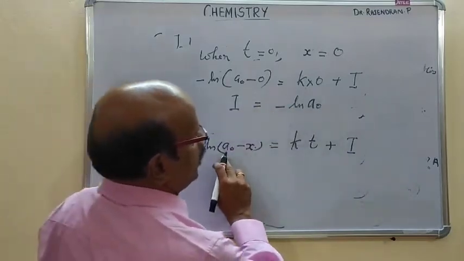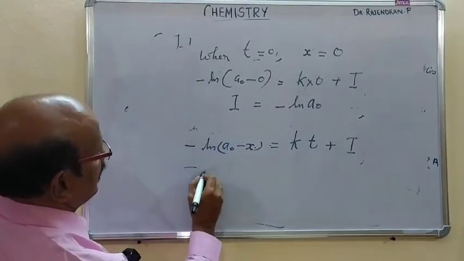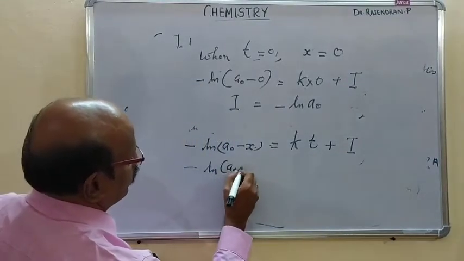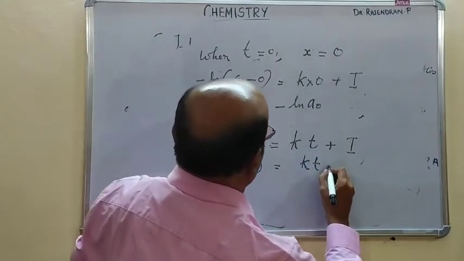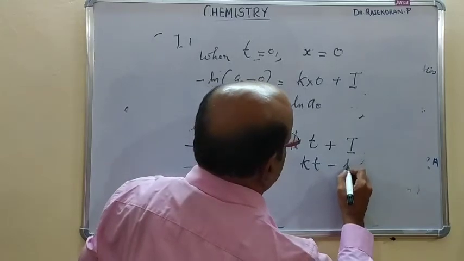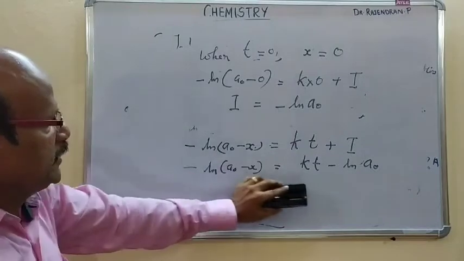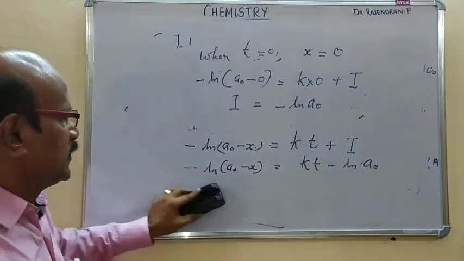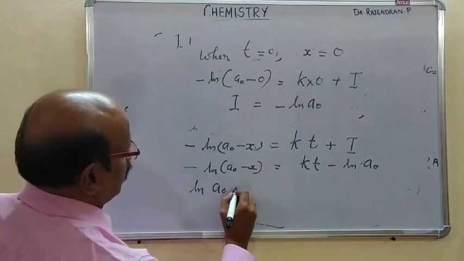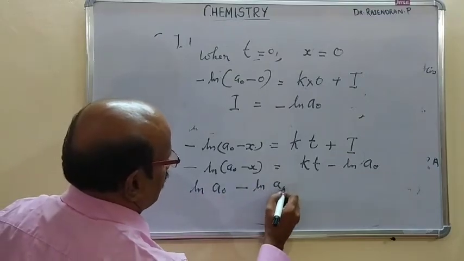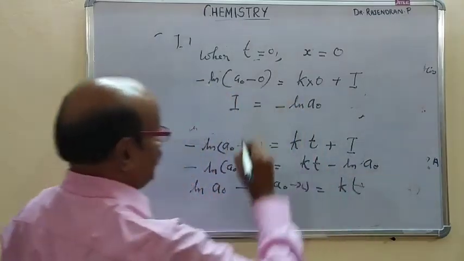Now introduce the value of I into this expression: minus ln A0 minus X is equal to kt minus ln A0. Then rearrange the equation such that the common term comes to this side: ln A0 minus ln A0 minus X is equal to kt.